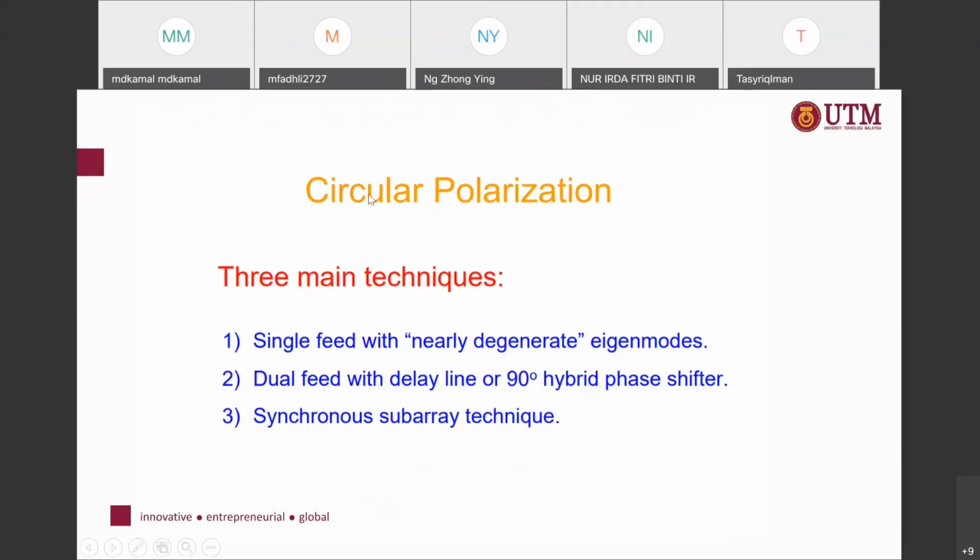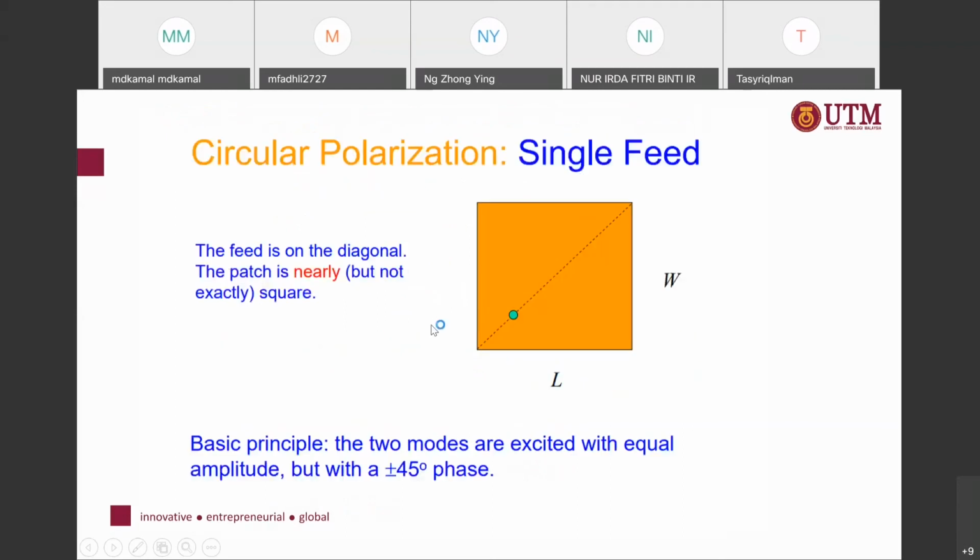Before this, we were talking about linear polarization, and how we want to change from linear to circular. So we have three main techniques: single feed, dual feed, or sequential rotation subarray technique. So this is an example of how you can change the polarization of the patch antenna itself. This one is a single feed.